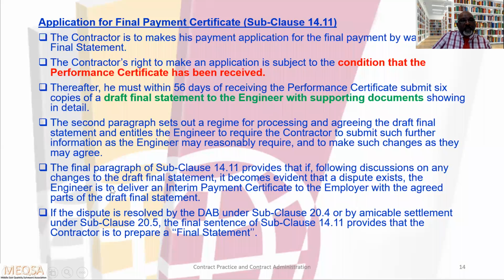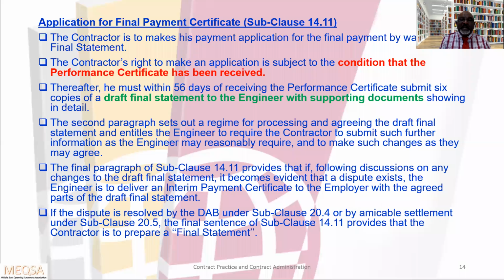And the fifth point, the final paragraph of subclause 14.5 provides that if following discussion on any changes to the draft final statement, it becomes evident that a dispute exists. Because if the contractor and the engineer do not agree or there is any dispute, then the engineer is to deliver an interim payment certificate to the employer with the agreed parts of the draft final statement.